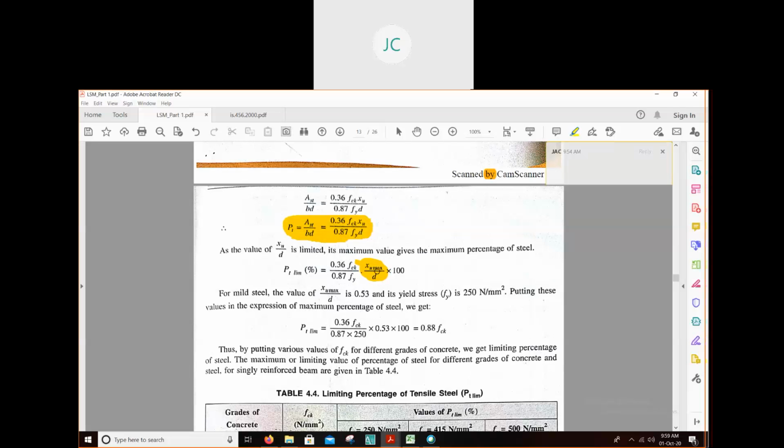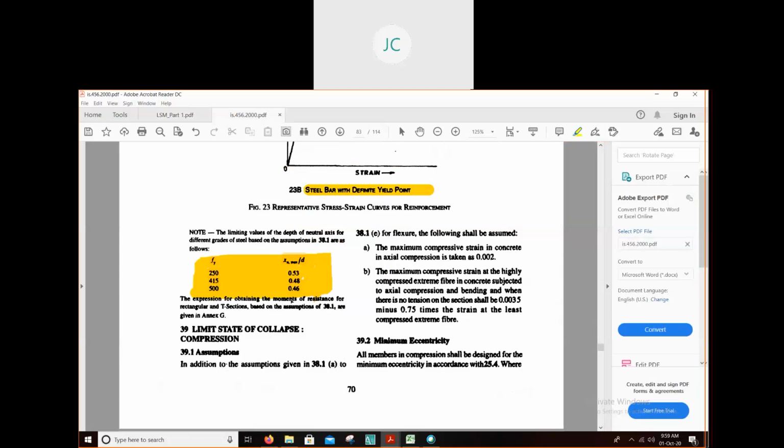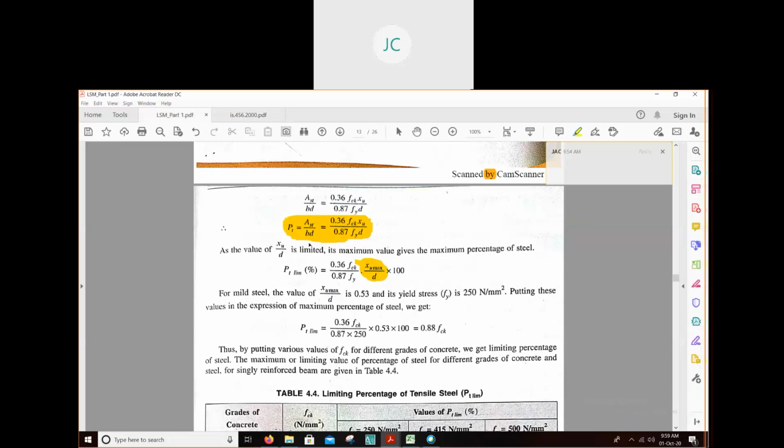And again for this equation you can put the value for this fraction. For Fe 250 you can put the value 0.53. For Fe 415 you can put 0.48, and for Fe 500 you can put 0.46 from this table.